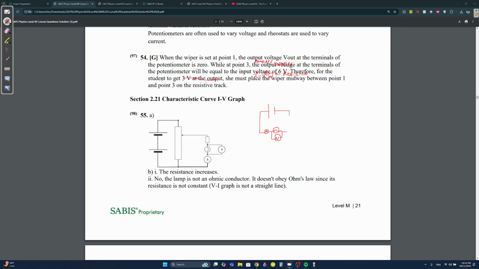Then you put your resistor, and then you take this over here and connect it. Basically, this is here your cell. This is my potentiometer.